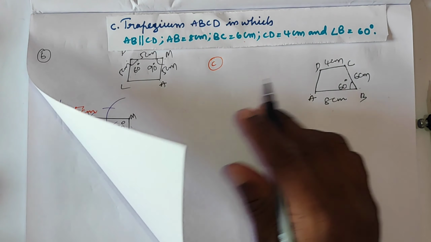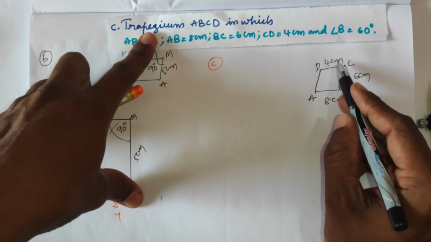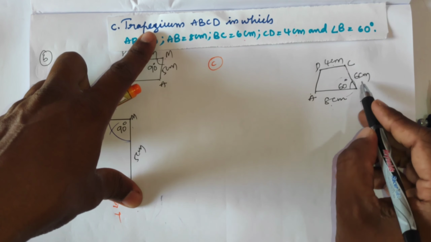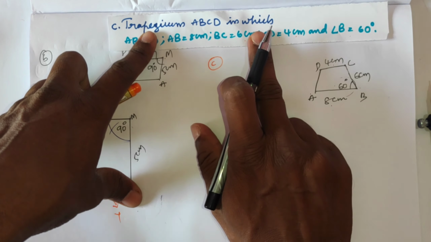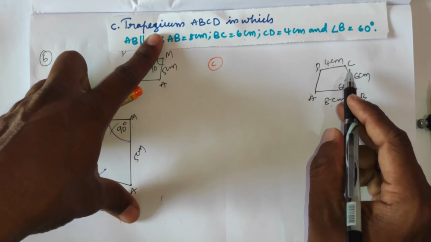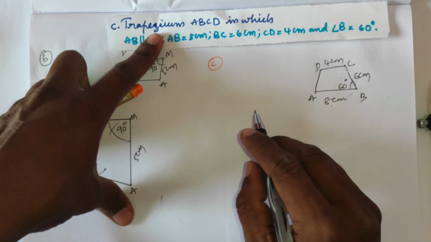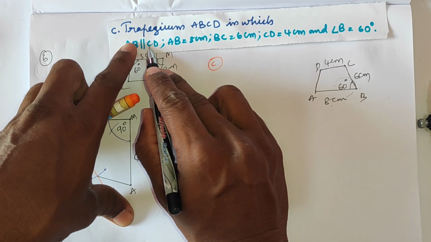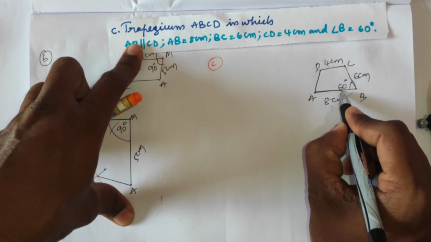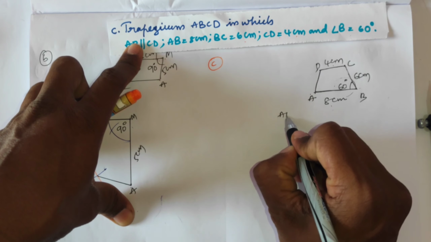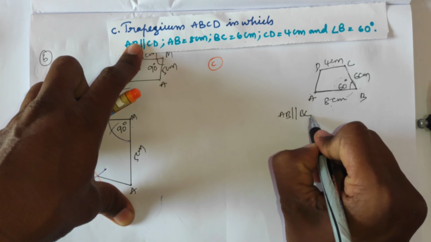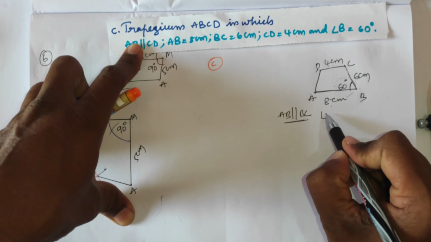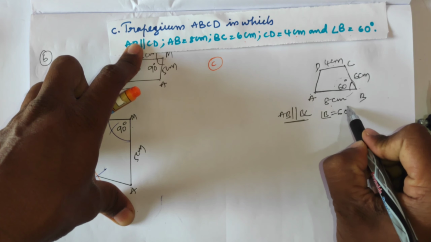If you observe here clearly, we got 3 sides, but we are given only one angle. So we have to find another angle compulsorily, right? So how will you find the other angle? We know that in the trapezium, AB is parallel to CD. And angle B is given as 60 degrees.